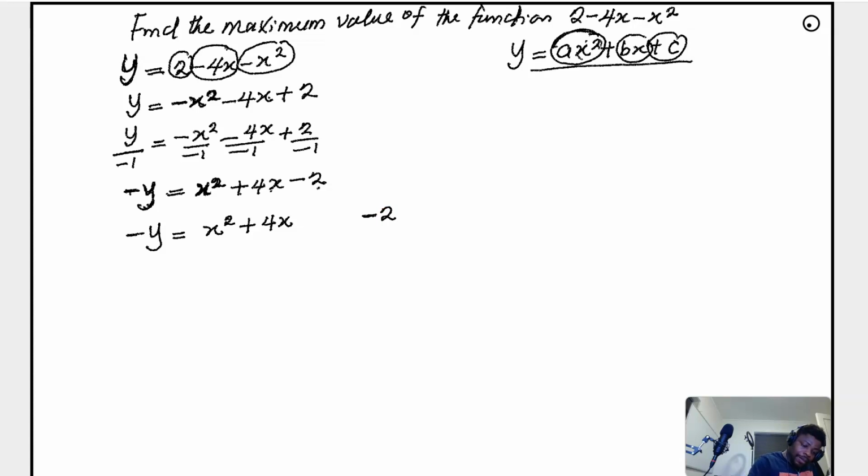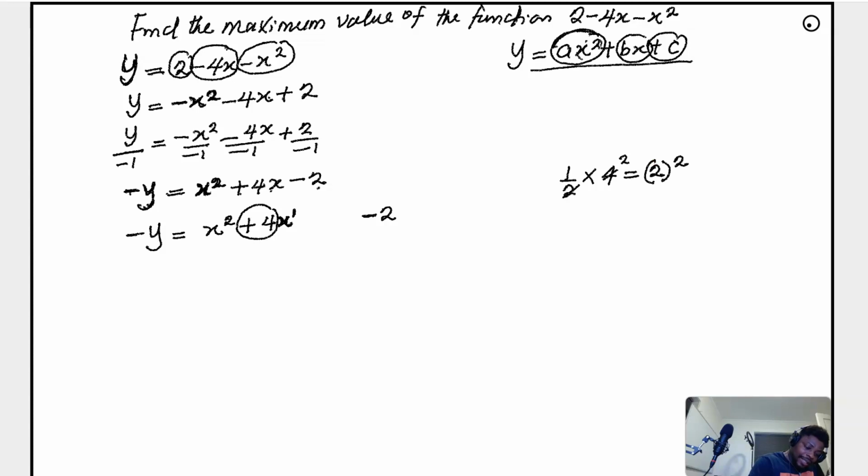So you are going to halve the new coefficient of x. The new coefficient of x is the x having power 1. What is the coefficient? Plus 4. I'm going to halve this, I'm having 2, then square it.